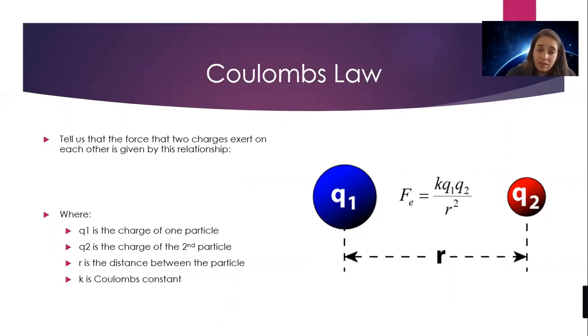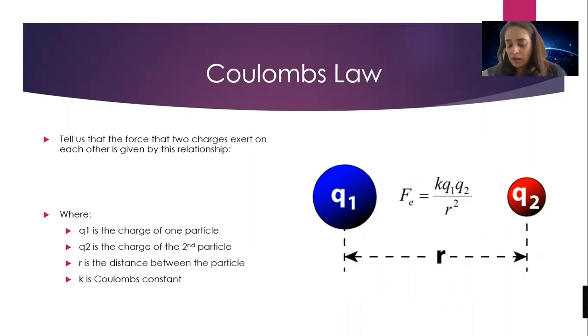So Coulomb's law tells us that the force that two charges exert on each other is given by the following relationship, where the force is equal to, what's important, the two charges and the distance between them, squared. So that's called an inverse square relationship. And then K is a constant called Coulomb's constant. We won't really discuss exactly what that is.